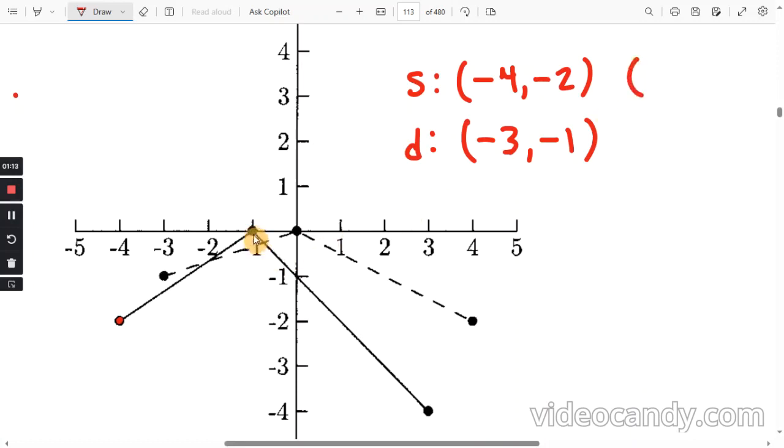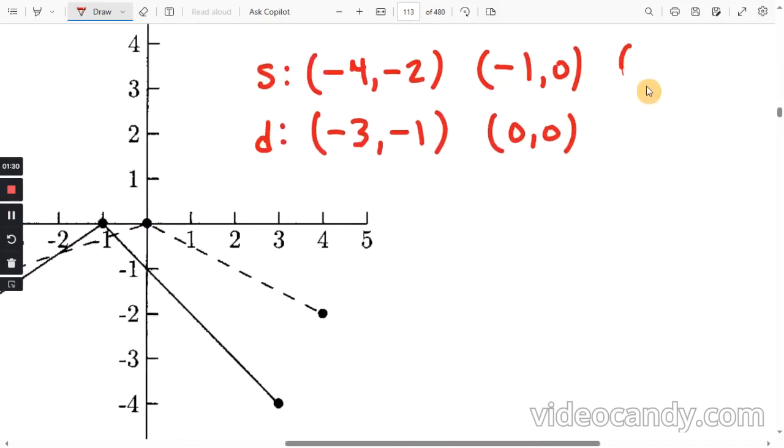This one here, x is -1 and y is 0. And on the transformation, the dash graph, this is at 0, 0. All right, and finally, the last point on the solid graph right here, x is at 3 and y is at -4. On the dash graph, last point, x is 4, y is -2.